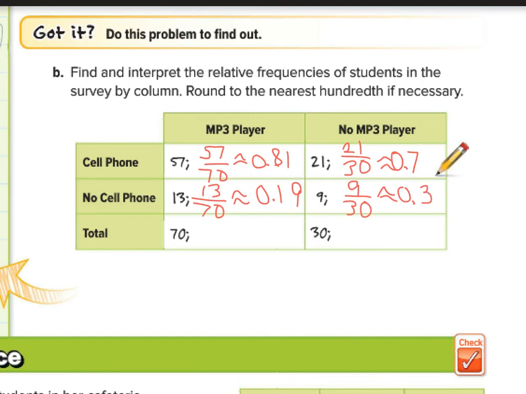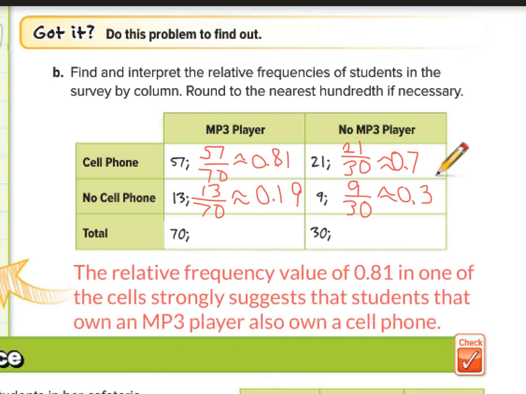So what does that mean? It means that the relative frequency value of 0.81, or almost 81%, this being almost a whole in one of the cells, in this cell right here, strongly suggests that students that own an MP3 player also own a cell phone.